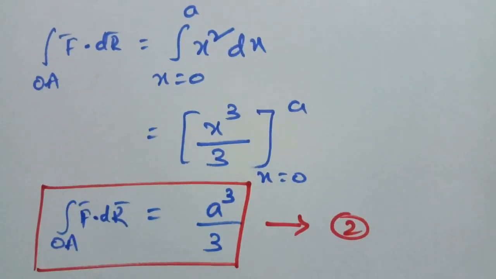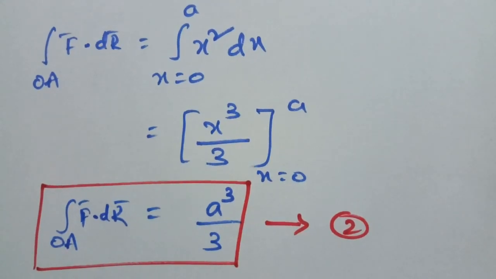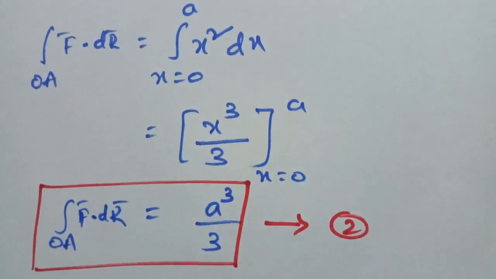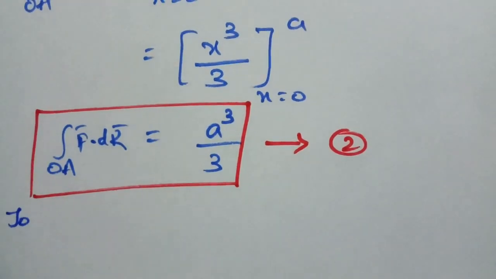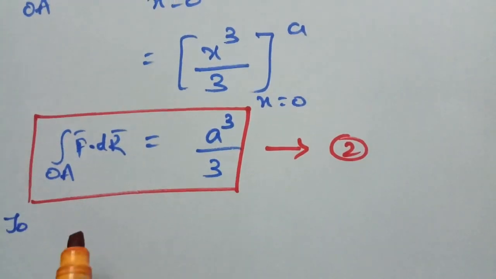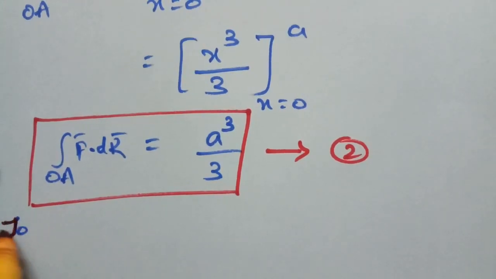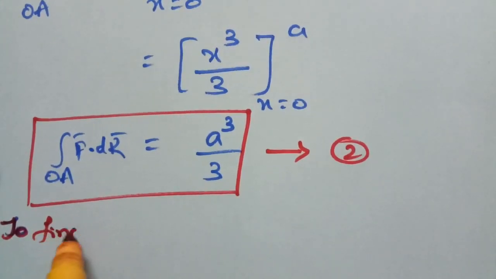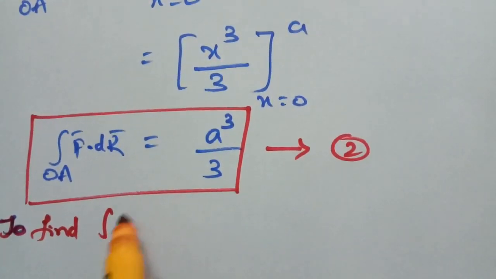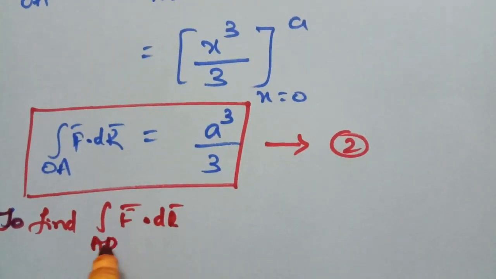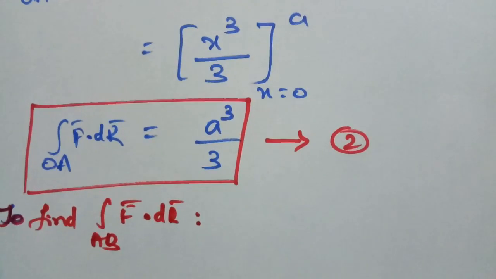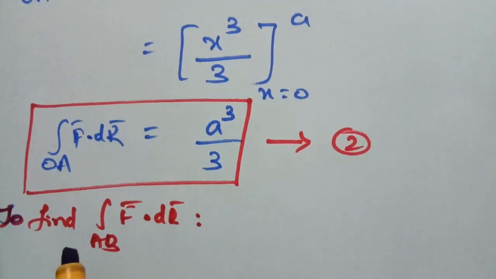Now to find the integration of f bar dot dr bar along AB.